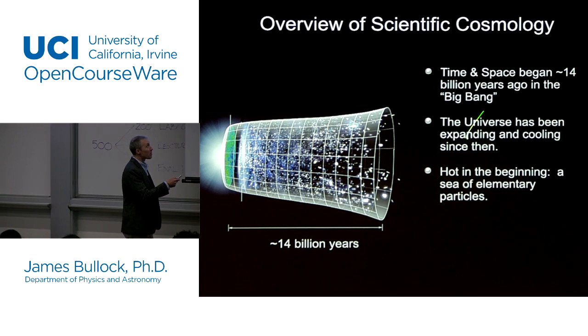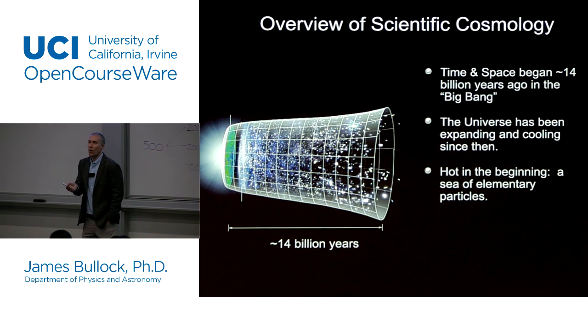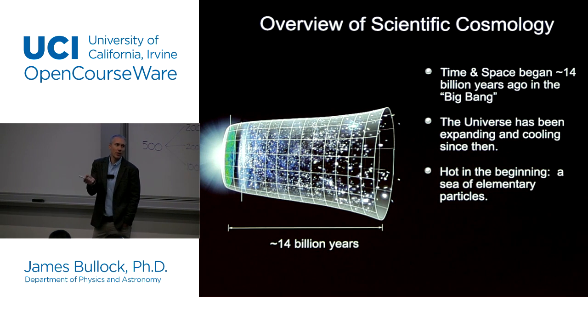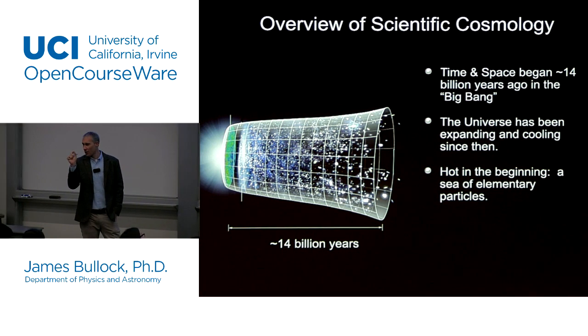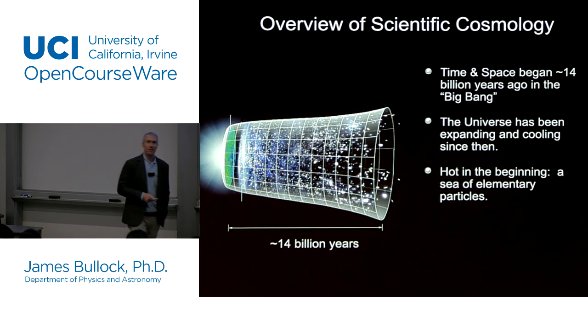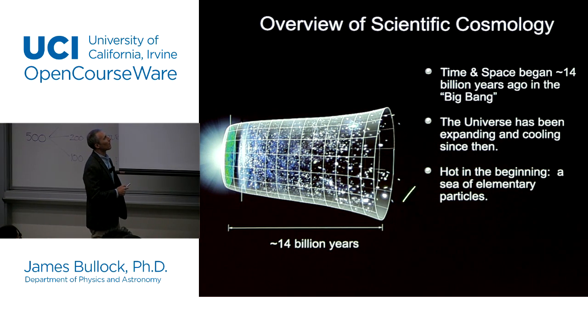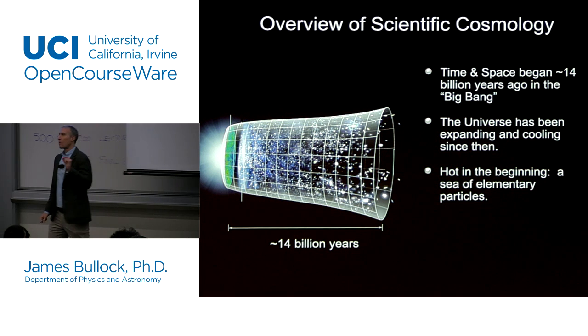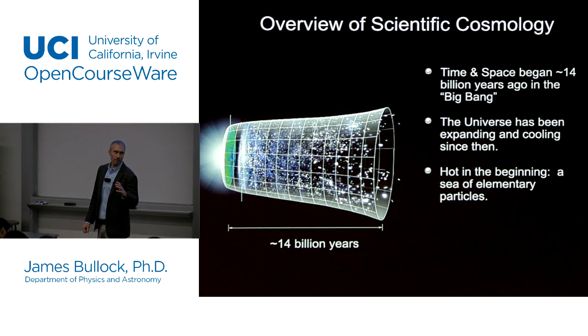So in the context of this picture, it actually doesn't make sense to ask what was going on before the Big Bang, because time started then too. Now, that's a very specific model of what the Big Bang is, and I'll talk about alternatives to that towards the end of this course. But that's one specific model of the Big Bang. It was born hot and small, and it's been expanding since that time.